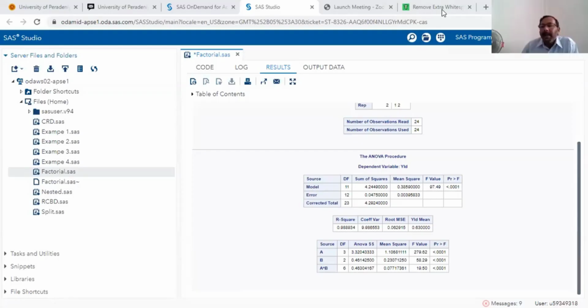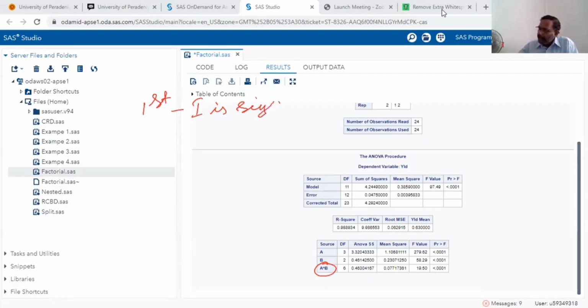What is, in a factorial experiment, the first thing that we'll have to look at? I mentioned this earlier in the theory class. Interaction. First, we'll have to look at whether the interaction is significant. So in our case, whether AB is significant.